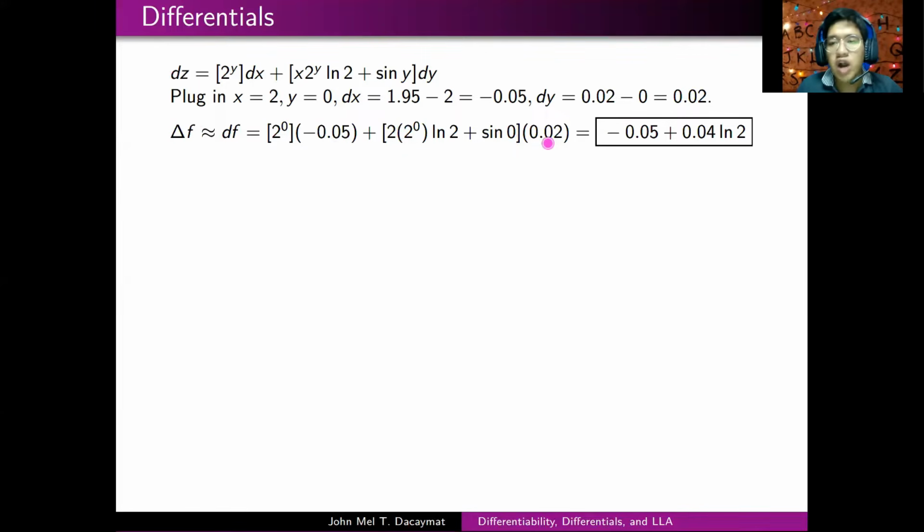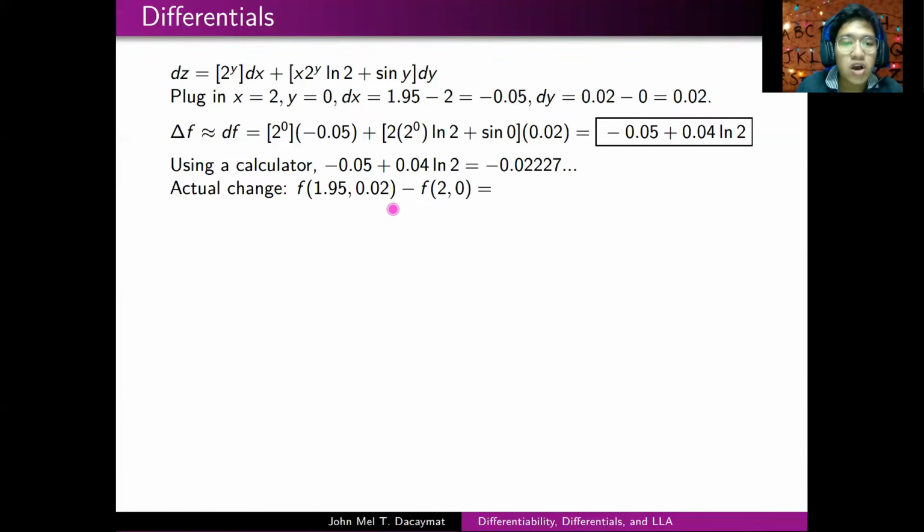And let's see how close this approximation is, how good this approximation is. If we use a calculator, the answer that we got is negative 0.0227. But the actual change, if I plug in 1.95 and 0.02 into our given function from earlier, and if I plug in 2 and 0 and get their difference, the actual change will be this one.